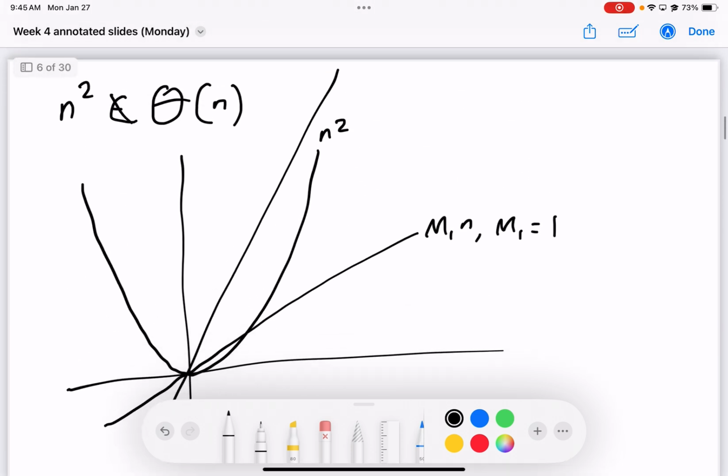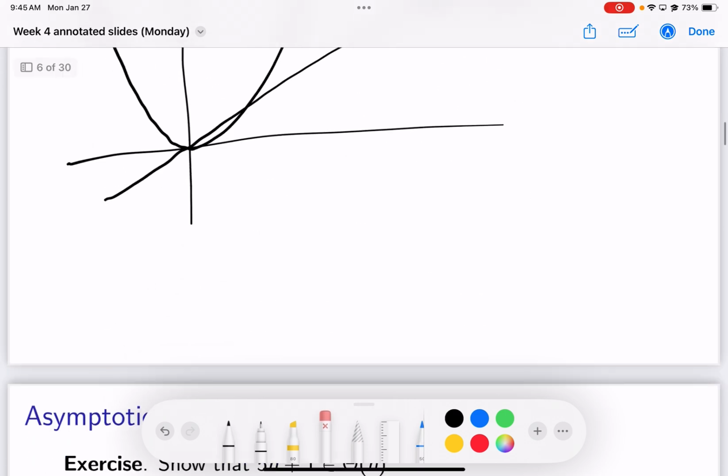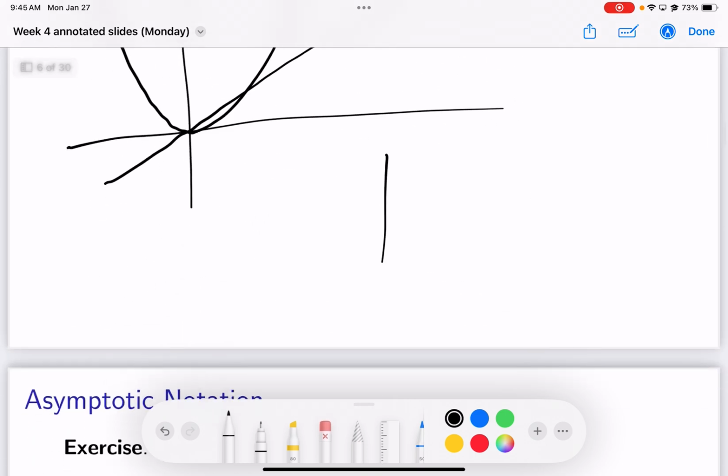So I don't know, this might look like 10n, but n squared is just going to keep growing faster and faster and eventually overtake it. We could do m2 equals 1,000,000 and get a graph that looks like a straight line.